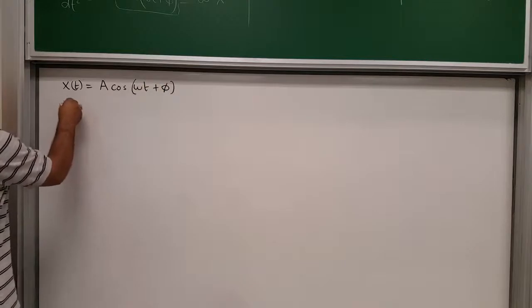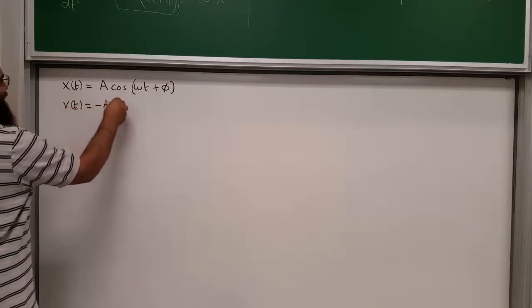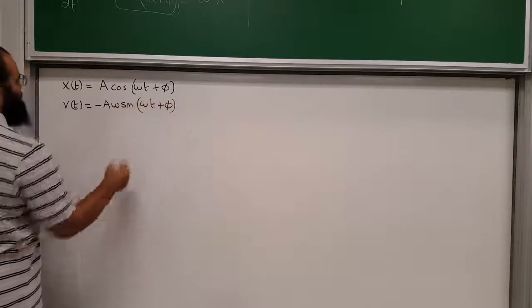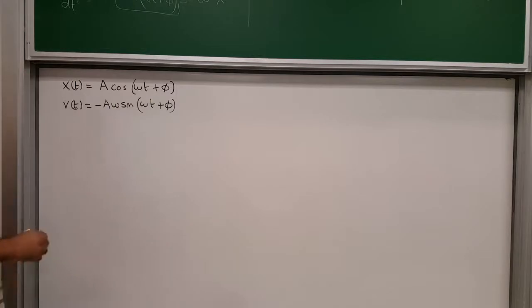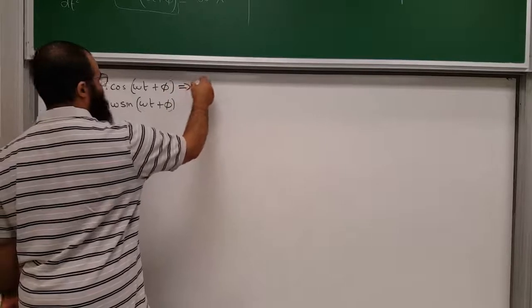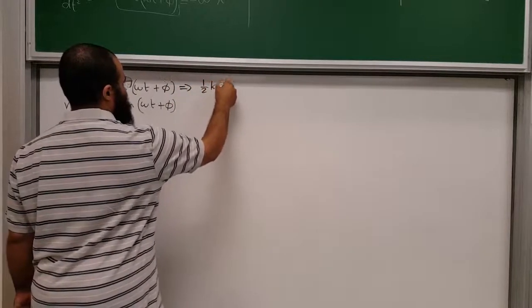And then v of t, you take the derivative of this with respect to time, so you get negative A omega times the sine of omega t plus phi, right? Now the elastic potential energy is 1/2 kx squared, so you get 1/2 kx squared.